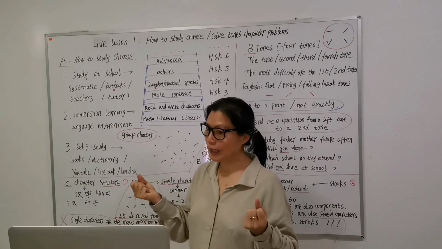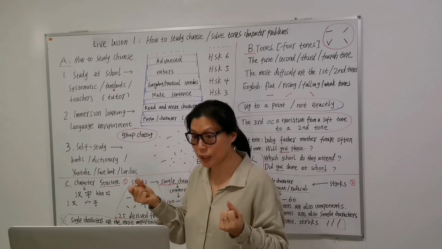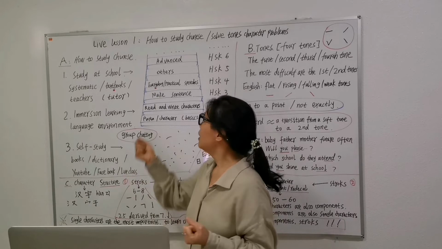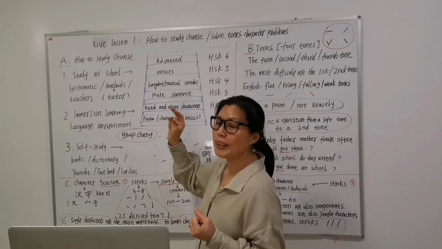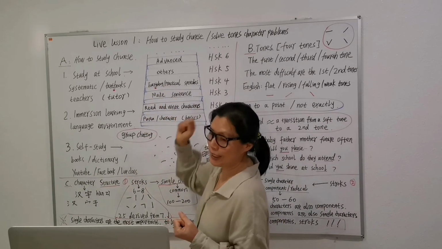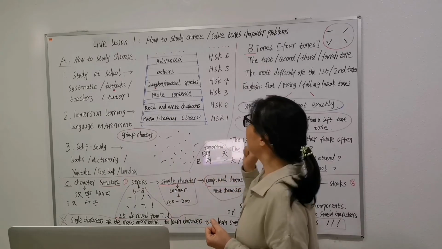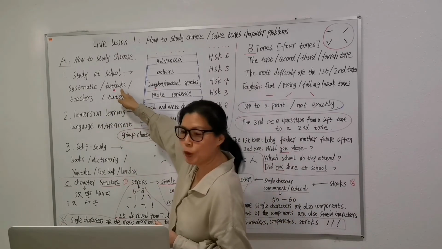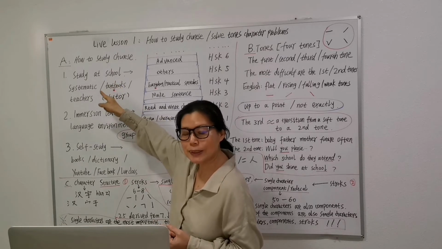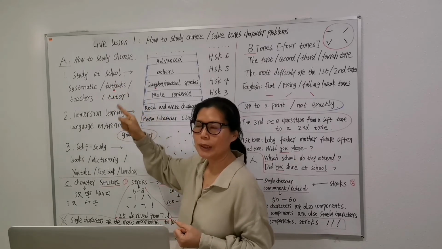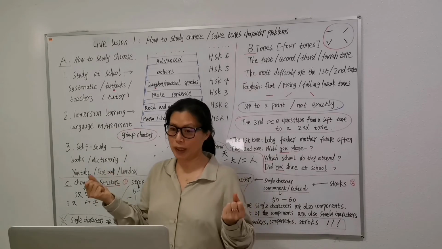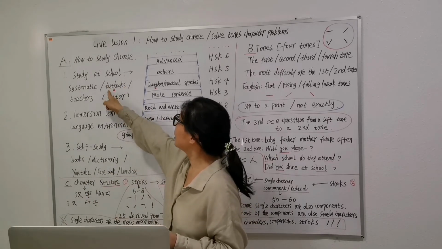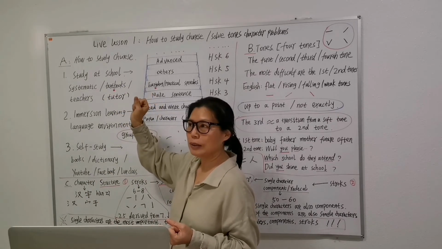Every and day, each is a single word. They join together. Every day is a compound word. And look at here, textbooks: text and book. Each is a single word. Together they are a compound word.